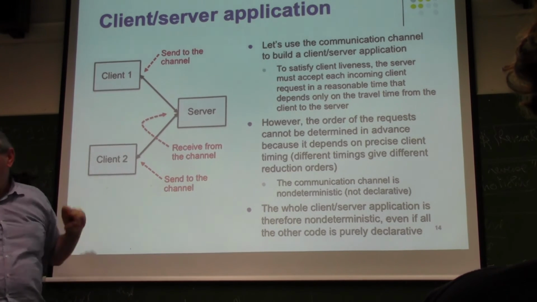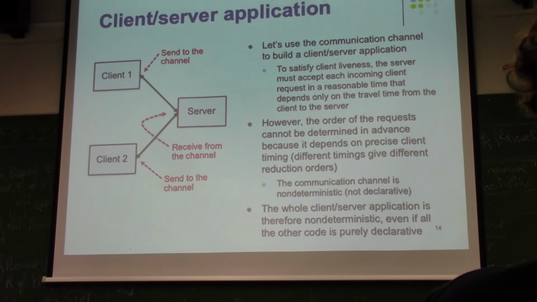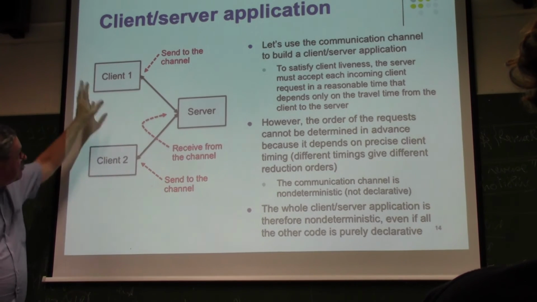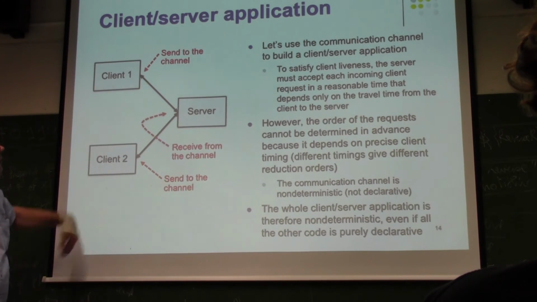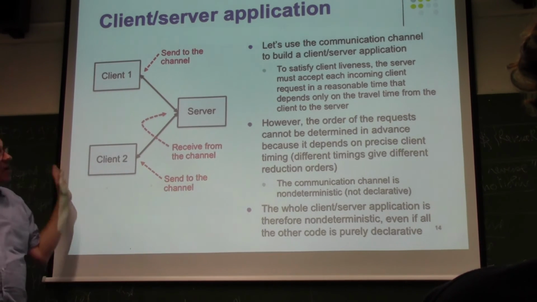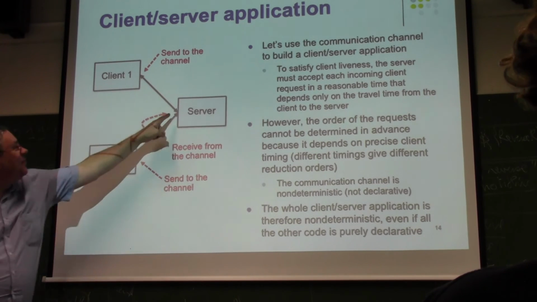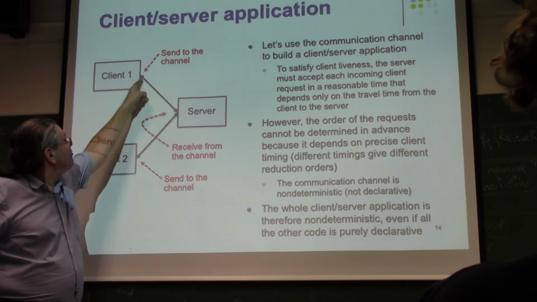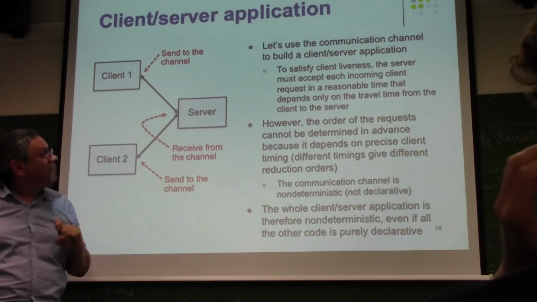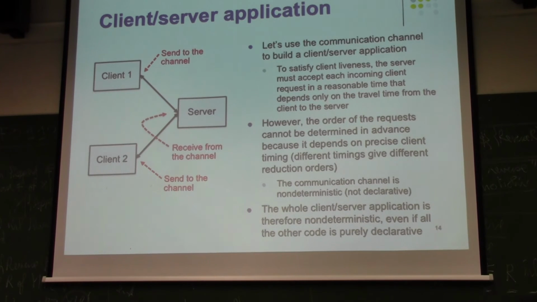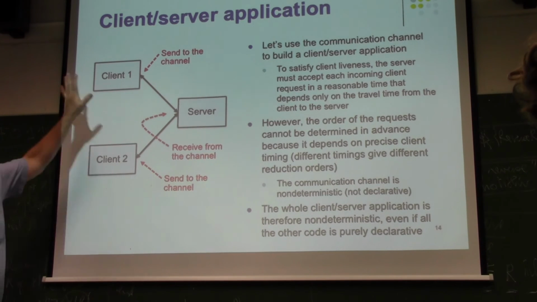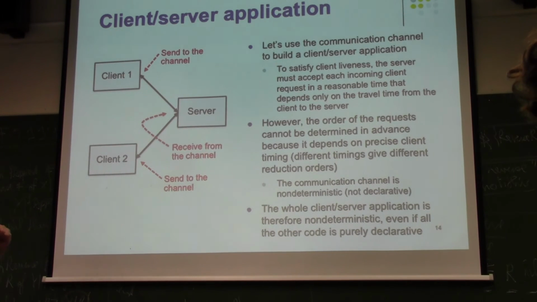So the client code is running on your browser. And there's another client, and there's millions of clients. So everything here can be declarative except for one thing. It's where the server receives the requests from the clients. Okay? So this application has a liveness requirement.